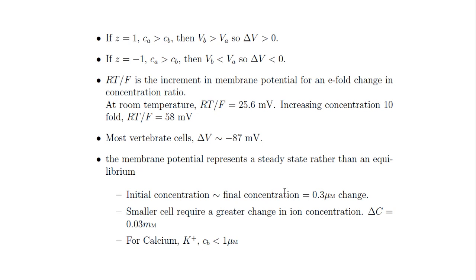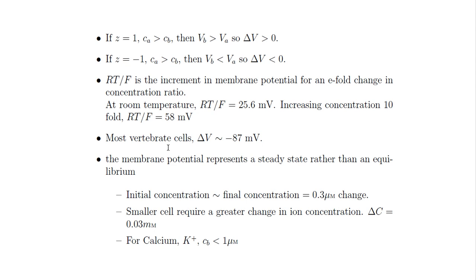In most vertebrate cells, the difference is 87 millivolts. Here we can see the ion passing from outside the cell to the inside. The membrane potential represents a steady state rather than equilibrium.